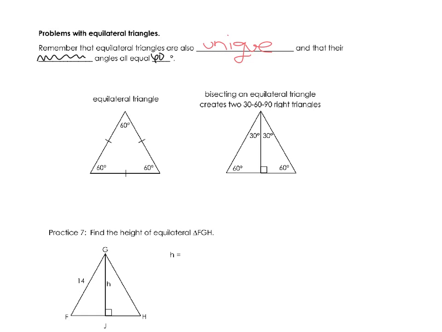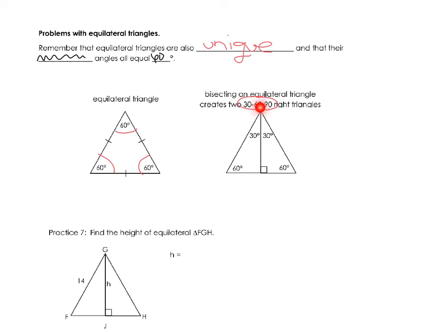All right, so now let's look at problems with equilateral triangles. So remember that all equilateral triangles are also very unique because their sides are all the same and their angles are all going to equal 60 degrees. So in bisecting an equilateral triangle, what you create are two 30, 60, 90 right triangles.